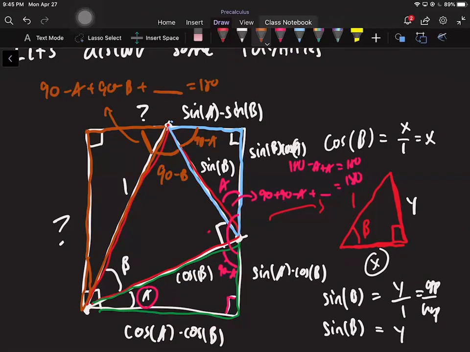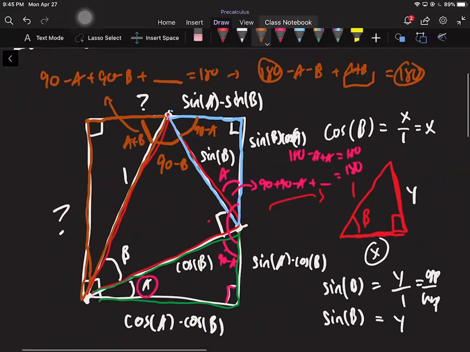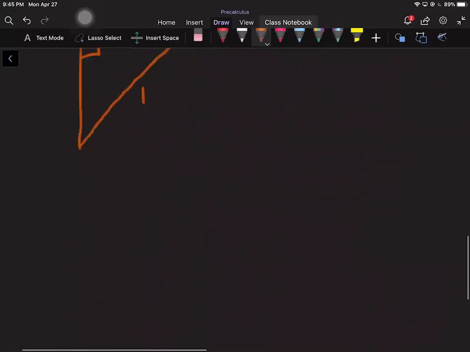Well, what would that something have to be then? Well, I already got 180 minus alpha minus beta plus some mystery amount equals 180. Well, I already got 180. So I got to cancel that alpha and that beta, so it's got to be alpha plus beta. So that's the trick to finding this angle here. It's actually alpha plus beta.